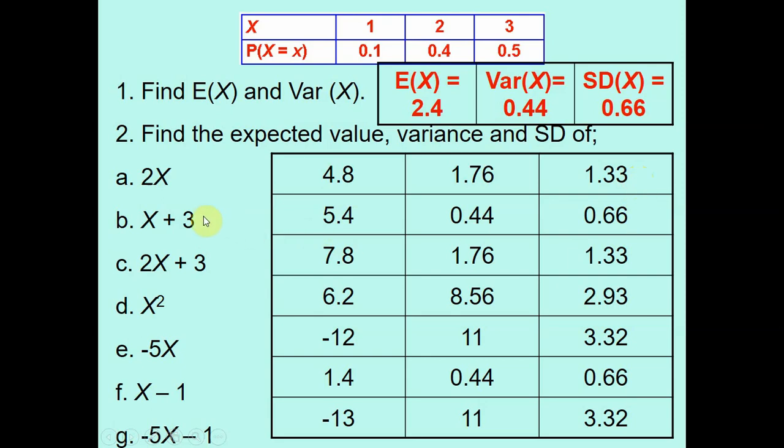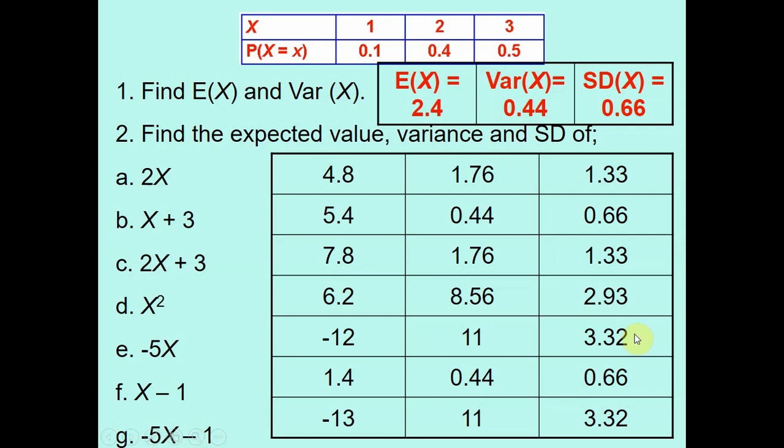However, when we've added 3 to all the values of x, then actually we've ended up with the same standard deviation that we had. So that's a bit different to the rules for the expected value. And indeed for this one, again, the standard deviation has been doubled, but the add 3 has no impact at all. I'll leave D again, and very similar thing seems to happen here.